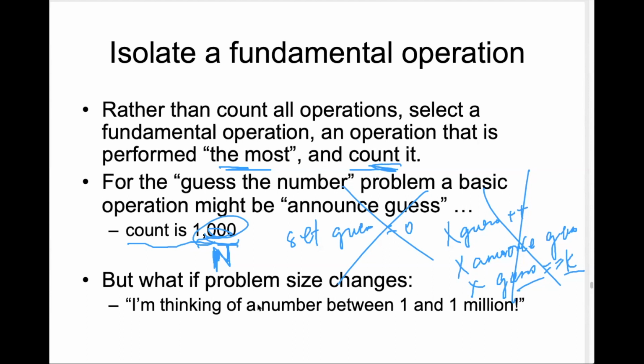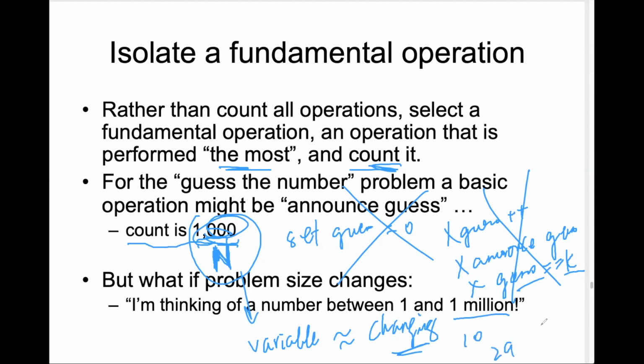And this is also important to think about when we're talking about n. n could be anything, right? So what is n? n is a variable, and this variable is changing. This variable could be 1 million, it could be 10, it could be 29, it could be 100.